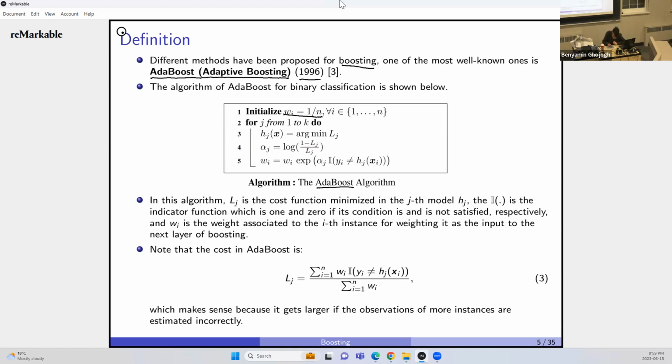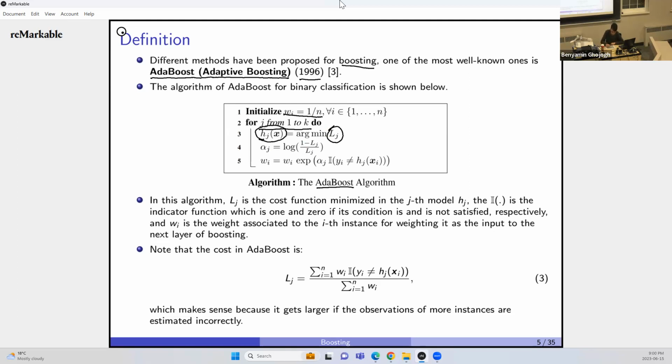Uniform weights. Now for j from 1 to K, where K is the number of models, I have a for loop over the models. I have some loss L_j. We will talk about it. Then I take the argument of L_j to find the model H_j.